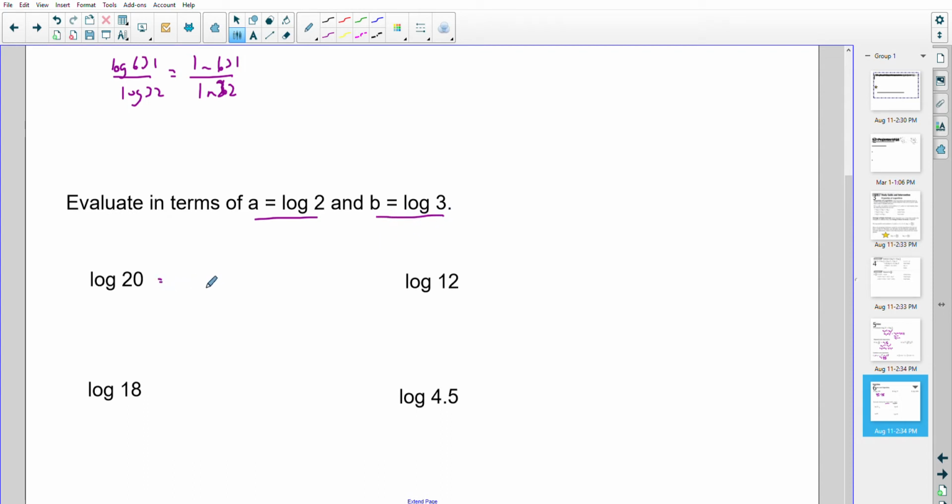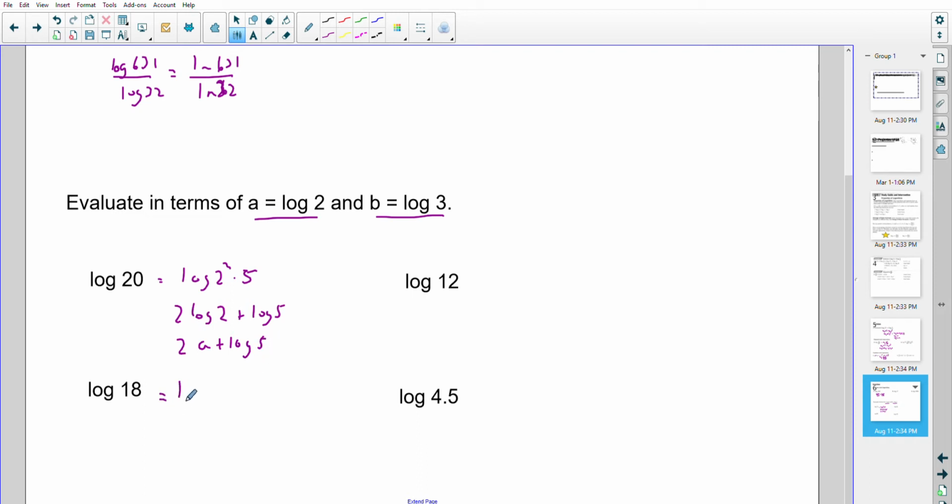So if I'm going to write this down, I could write that as 2 squared times 5. And in this case, you would have 2 log of 2 plus log of 5, and log of 2 is a, so it's 2a plus log 5.